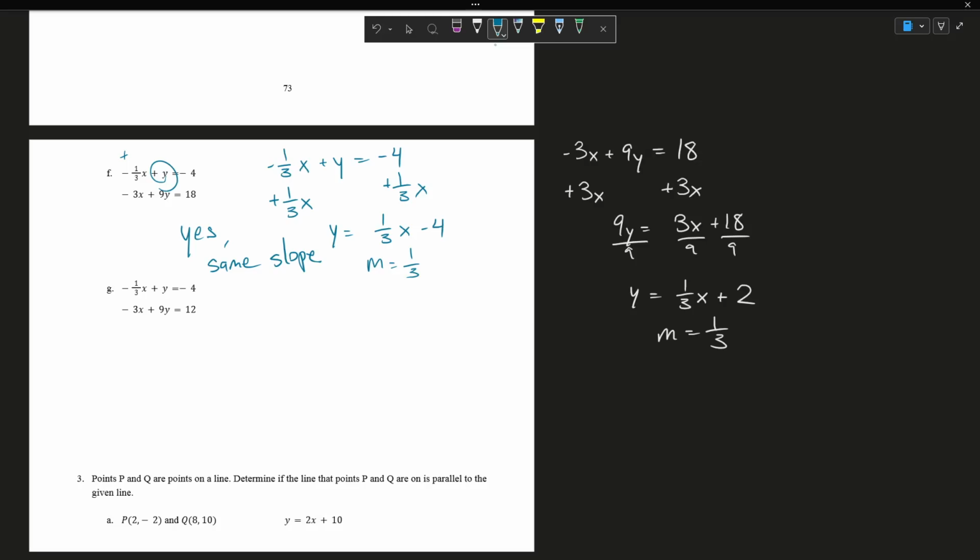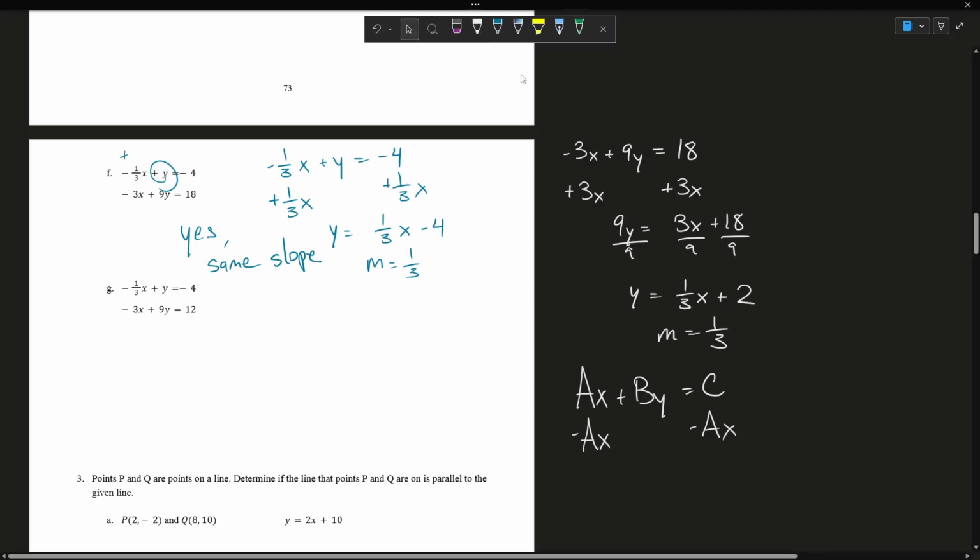As you work through this, you may be able to tell how to get the slope. So the slope in standard form is kind of hidden. We have ax plus by equals c. And as we always convert, you must first subtract ax. So you get by equals -ax plus c.